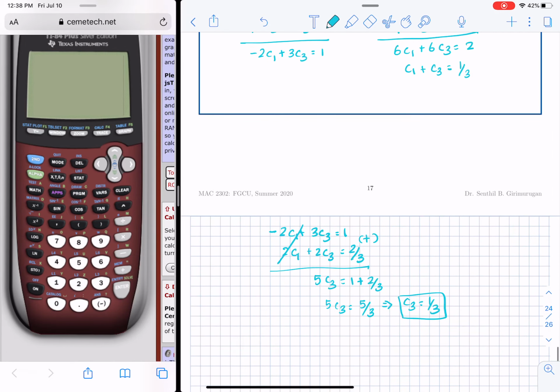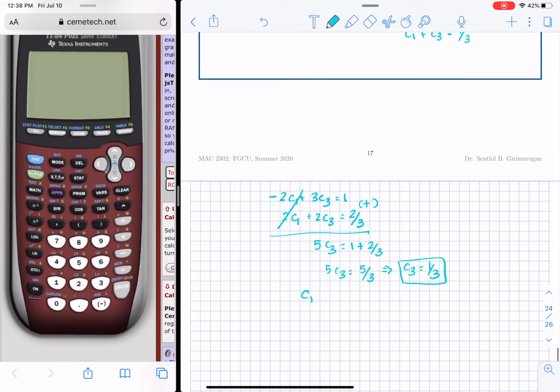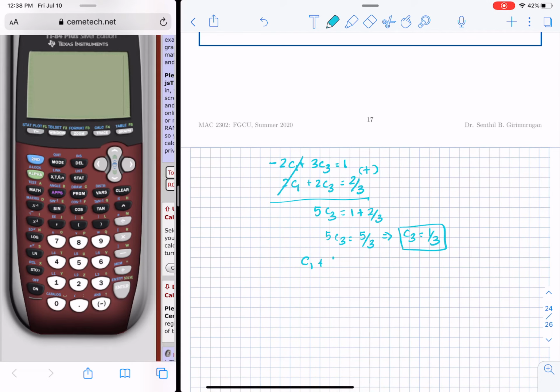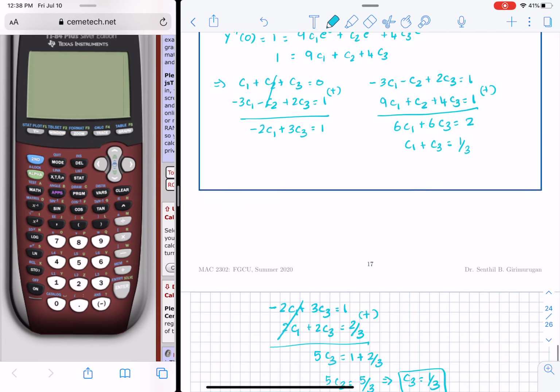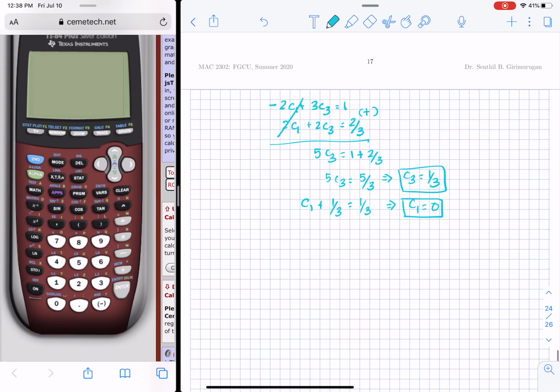If we take c3 and plug it in one of the two equations, I would get c1 plus 1 over 3 equals 1 over 3, which would imply c1 is 0. Plug it in the very first equation.